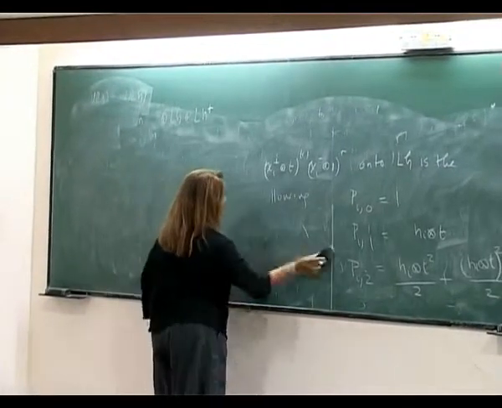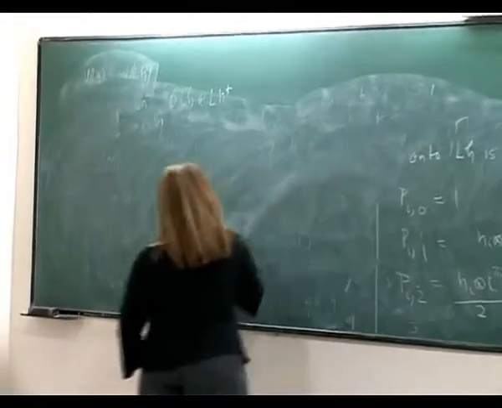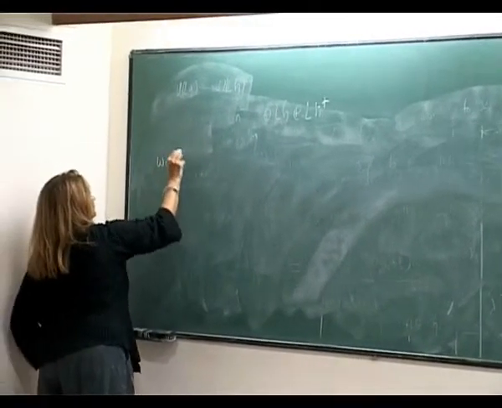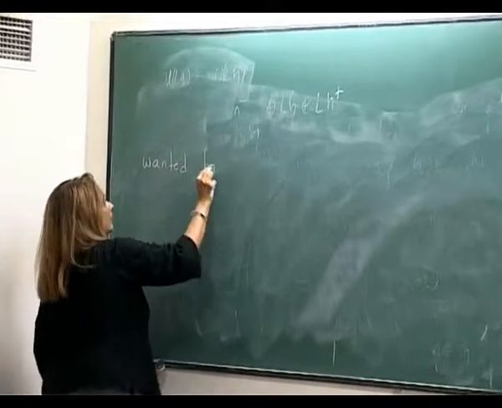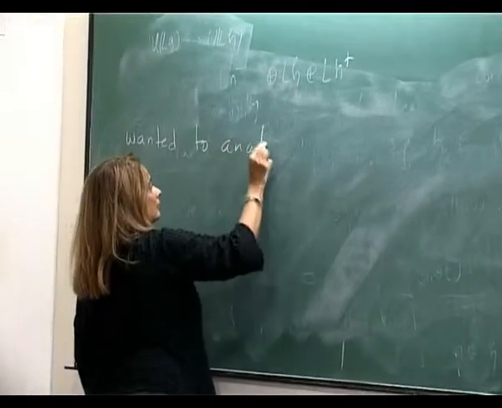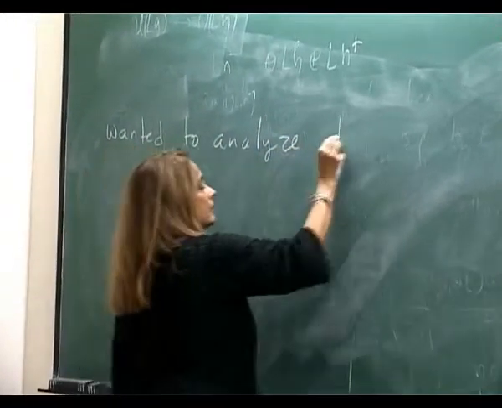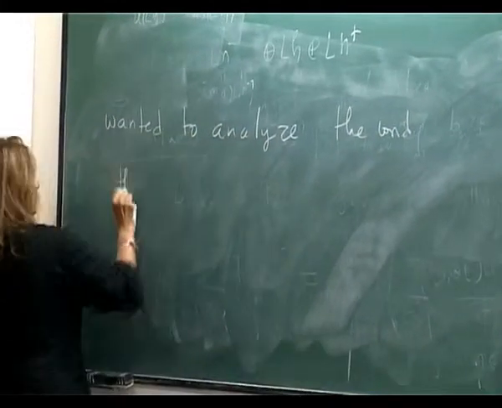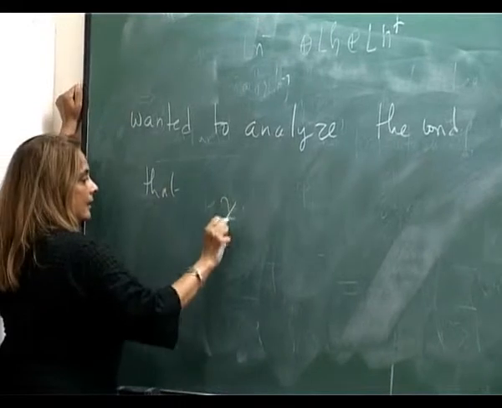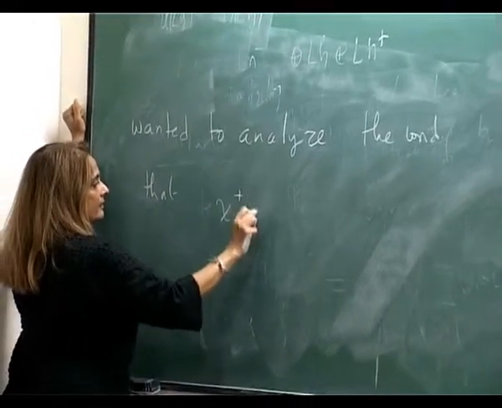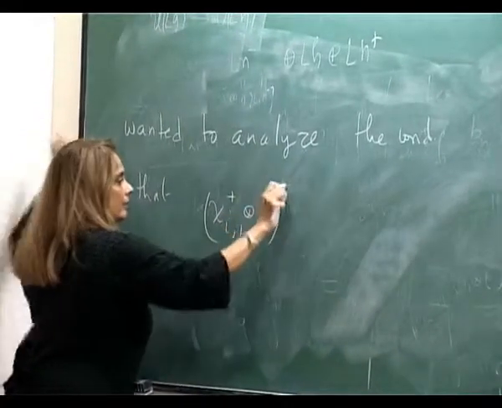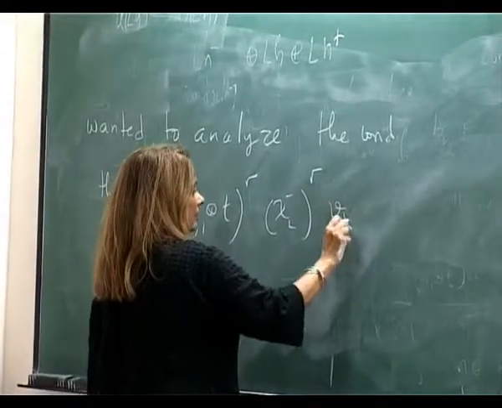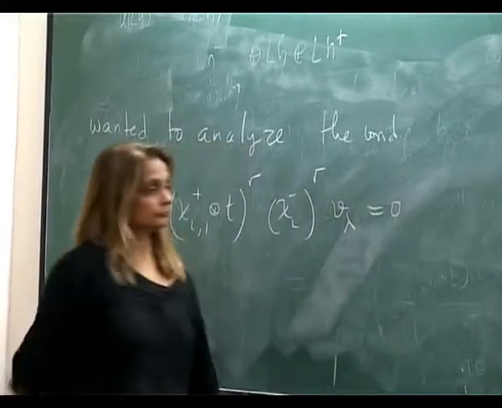And once we have Garland's result and all these comments, let's see how to finish the proof. So we wanted to analyze the condition that (x_i^+ tensor t^r)(x_i^- tensor t^r) applied to v_lambda equals 0.